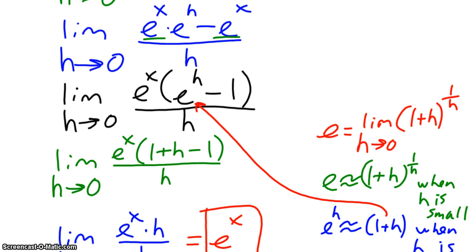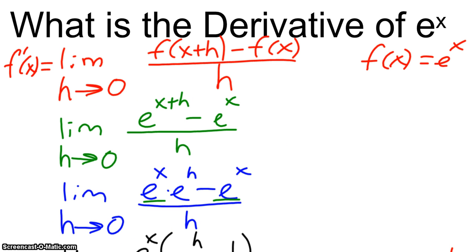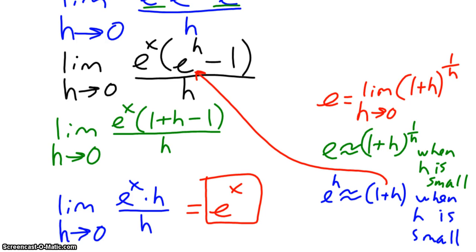Now, here's where we have to use one of the limit definitions of e. So we know that e is the limit as h goes to 0 of (1 + h)^(1/h). So basically e is approximately (1 + h)^(1/h) when h is really small.